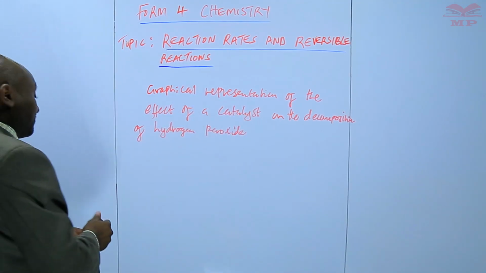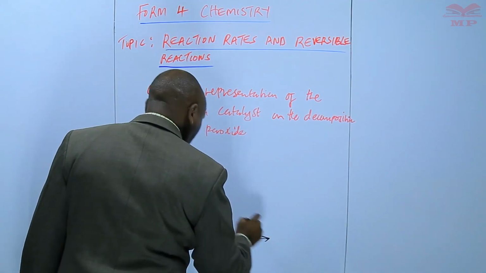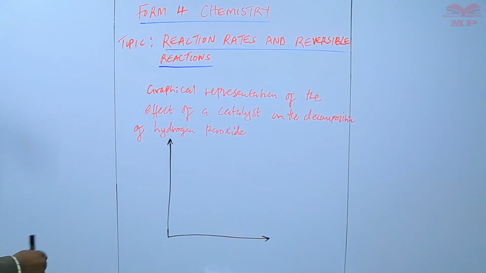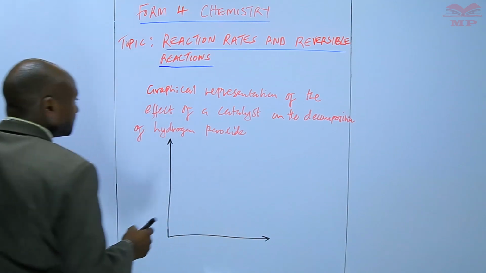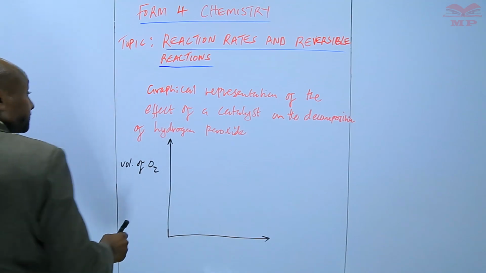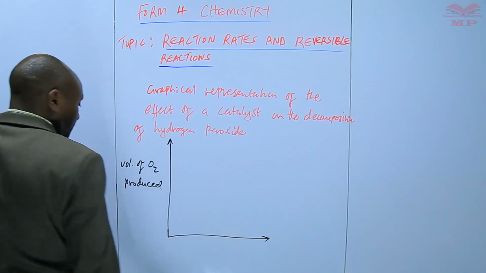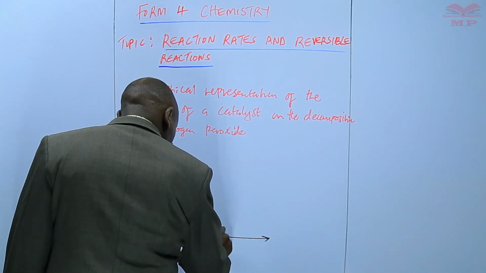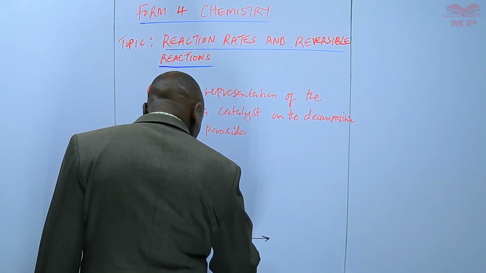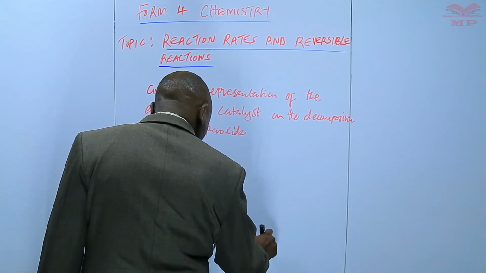So we're going to have a curve. Here we have the volume of oxygen produced, and we have the time, in seconds.